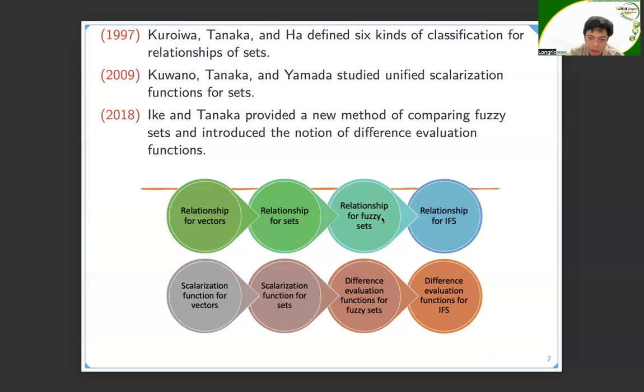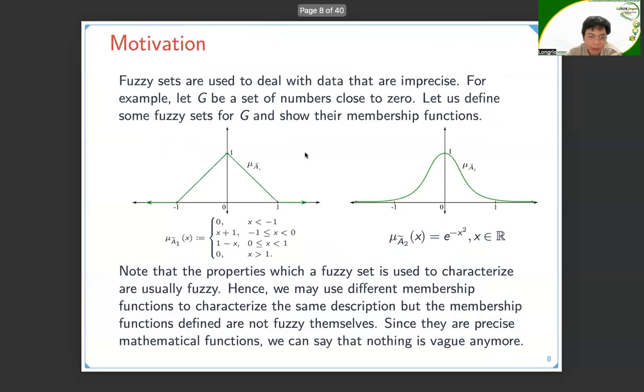And here, fuzzy sets, which is an extension of our regular sets, has been investigated. And recently, intuitionistic fuzzy sets, which is a more general type of fuzzy set, has been investigated. Fuzzy sets are used to deal with data that are imprecise.